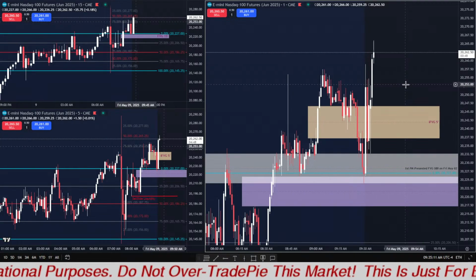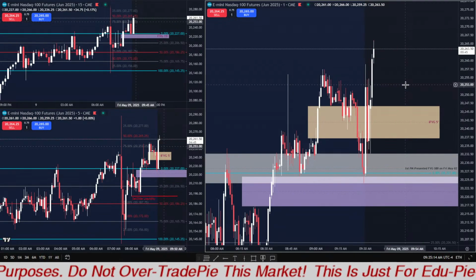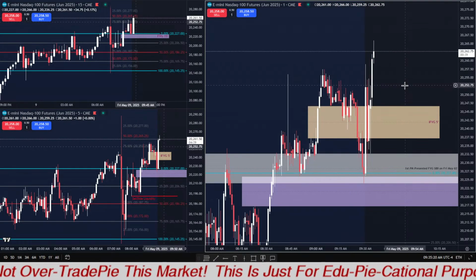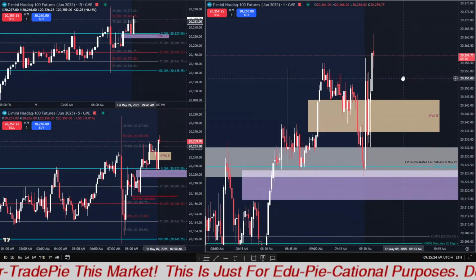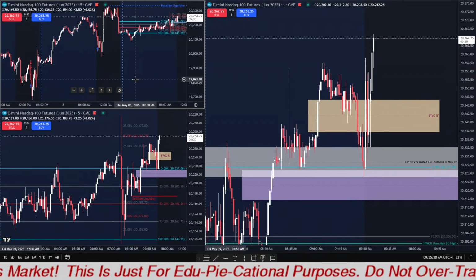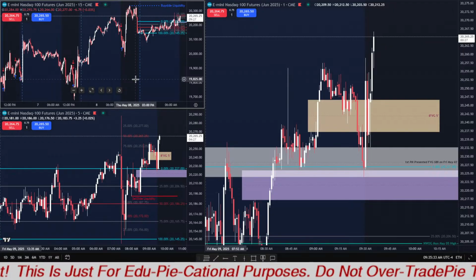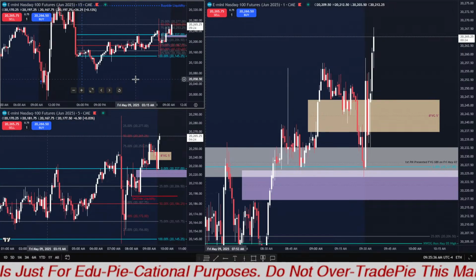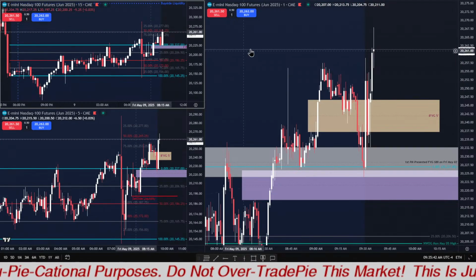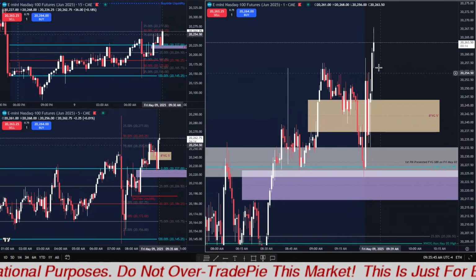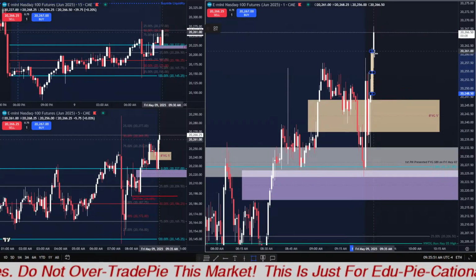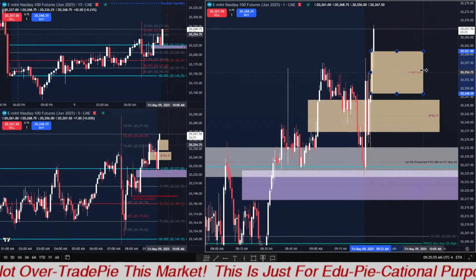So let's see if here we are creating the first presented fair value gap of the day from this candle's high to this candle's open.